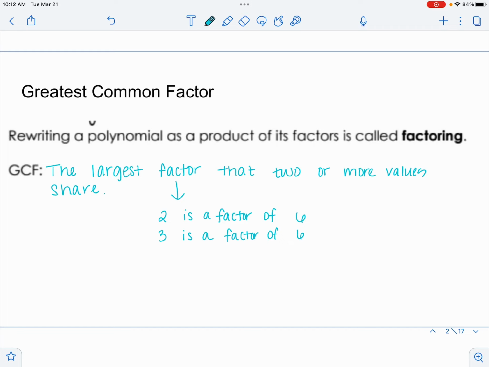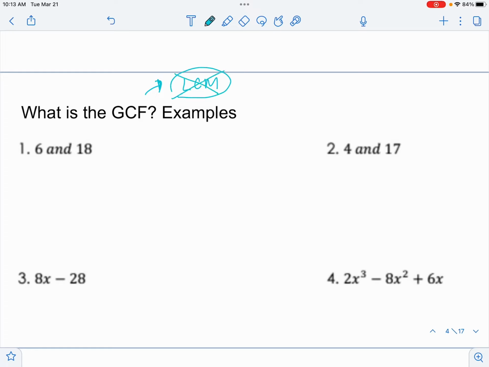Between 6 and 18, one thing you have to remember before we do the example is that it's not the least common multiple. They are very easily confused. So what you can do is always list out the factors of your values and see which one is the largest that they share.